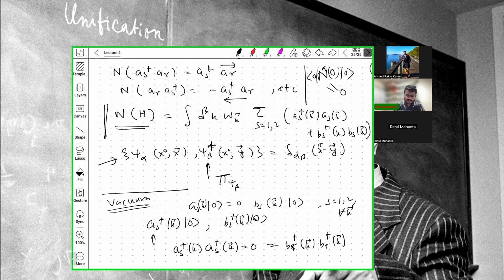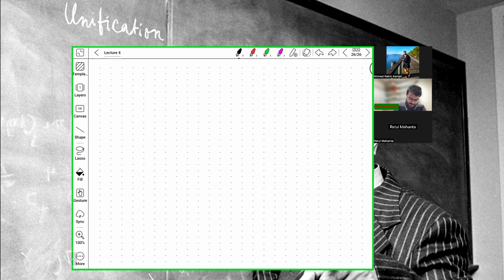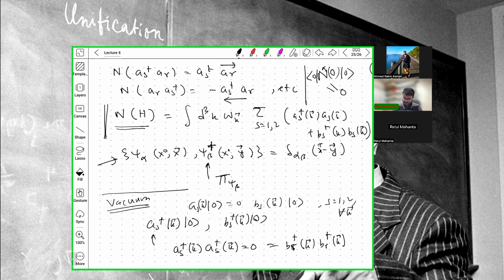So you cannot excite a single state many times. So a_s(k) squared leads to 0. So these kinds of states will not be possible. Both of the particles are first of all eigenstates of energy.